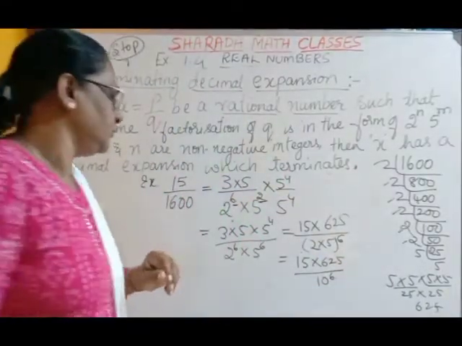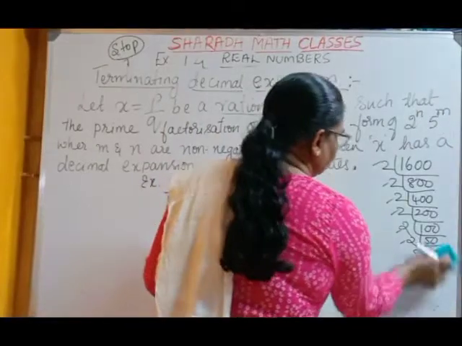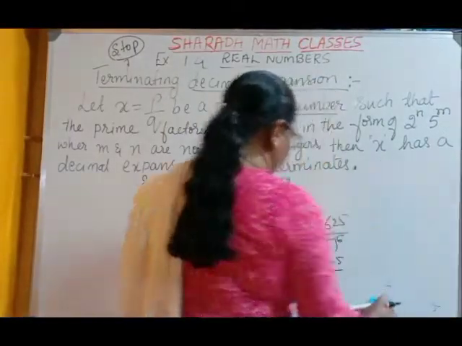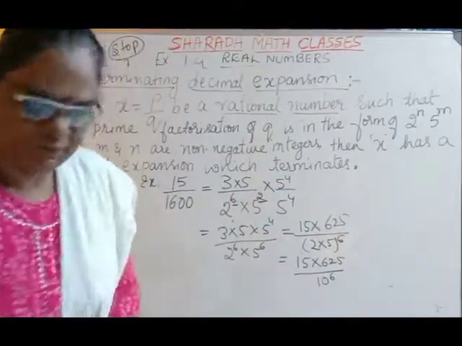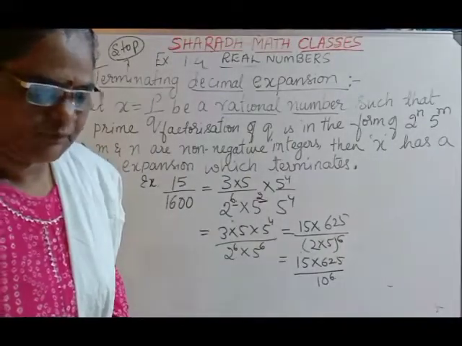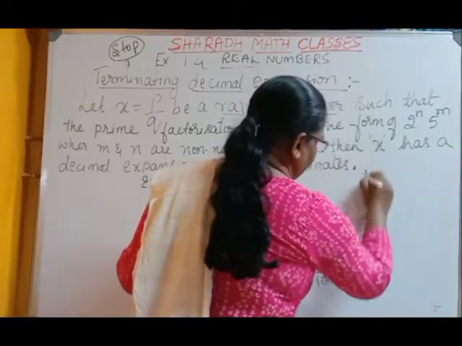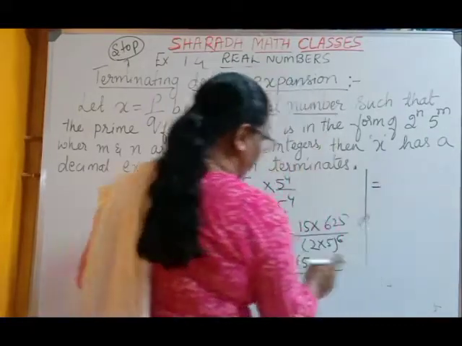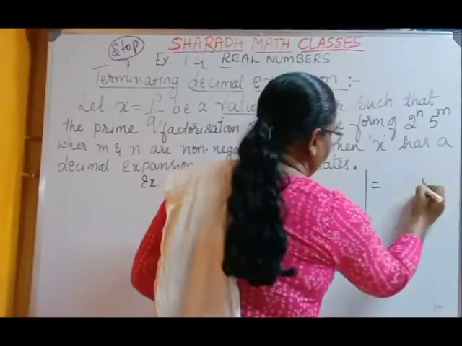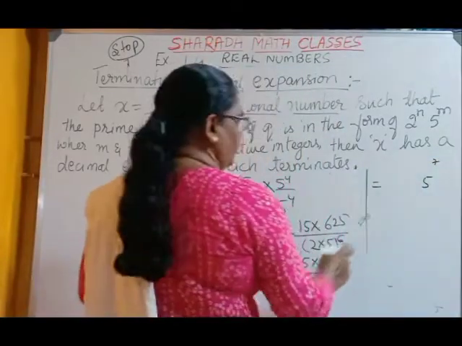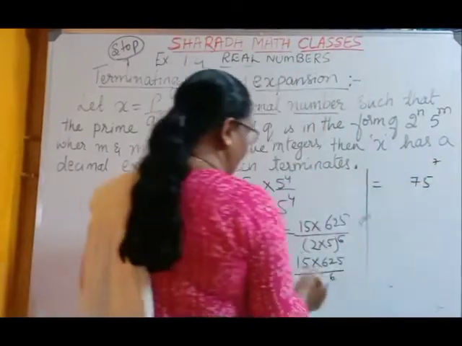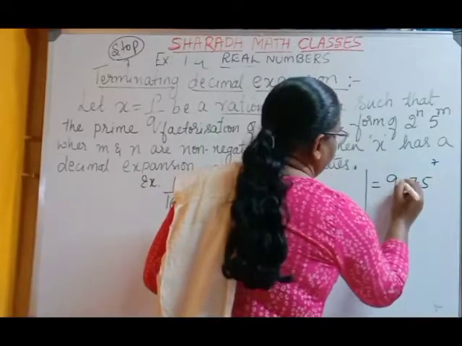Now what can we do? Multiply 15 into 625; how much do you get? 15 times 5 is 75, 7 carry; 15 times 2 is 30, 37, 3 carry; 15 times 6 is 90, 97.